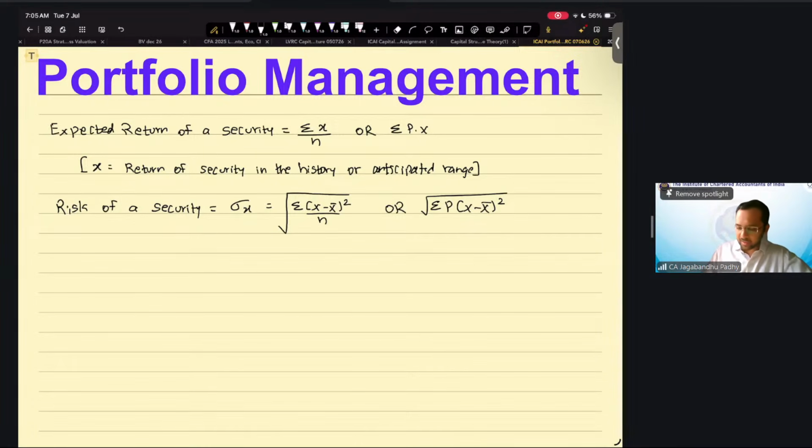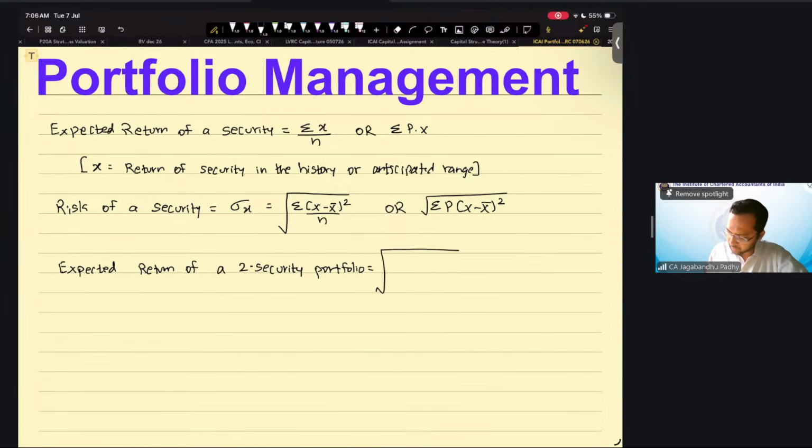Now, after having seen the risk and return of individual securities, now we will look at the risk and return for a portfolio of securities. Okay, so expected return of a two security portfolio.